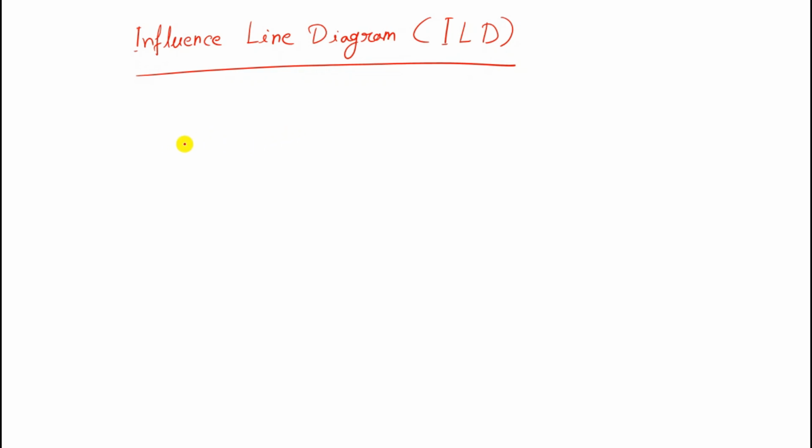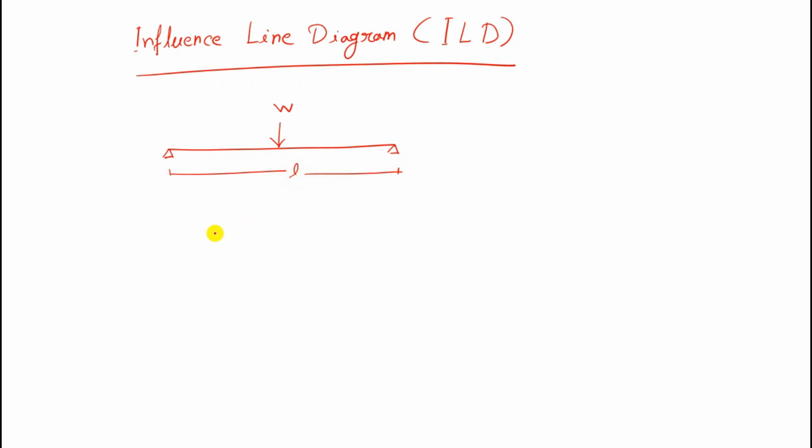So first of all, take an example of a beam. Say this is a simply supported beam, and it is subjected to a point load W at the midpoint, and the length is L.